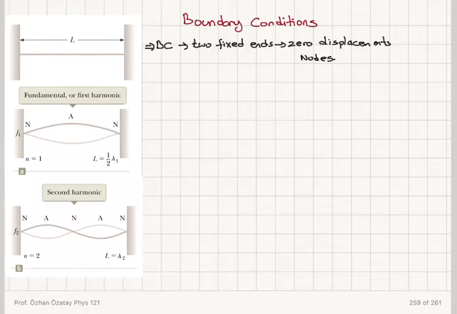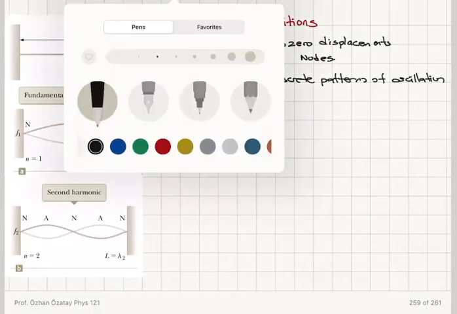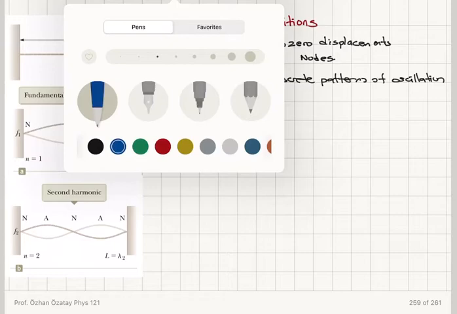If I want to find out what patterns I can observe, we will see that the existence of these boundary conditions leads to discrete patterns of oscillation that we call normal modes. And we're going to find out what those modes are for this scenario.